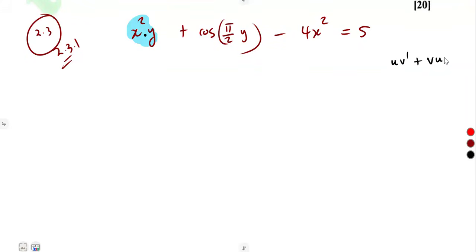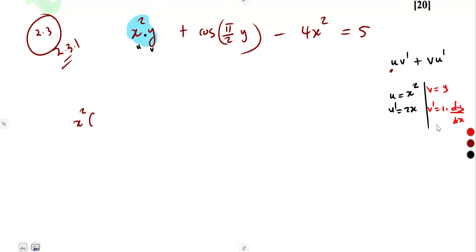from our product rule. All right, this is u, this is v. So if our u is x squared, its derivative is going to give us 2x. Then our v is equal to y. So its derivative is going to be 1 times what? This is y, guys, so we must multiply by dy/dx. So using our formula, u, x squared, times the derivative of v, which is dy/dx.